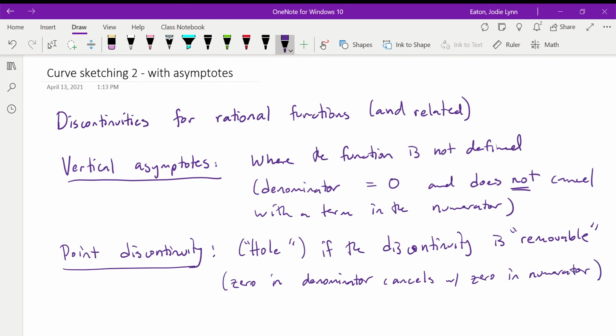So if they have the same 0 and you can cancel it out, you have a point discontinuity or a hole. If they don't cancel out, you have an essential discontinuity or a vertical asymptote.